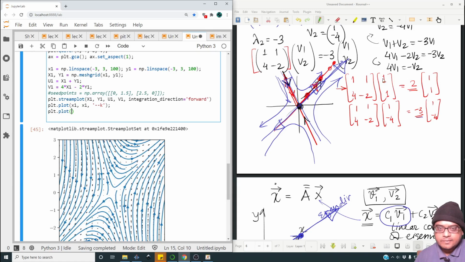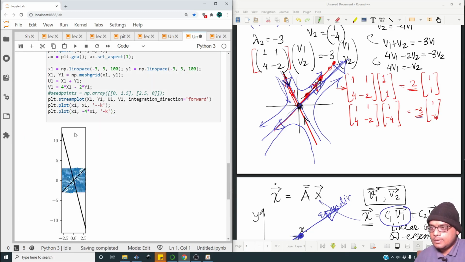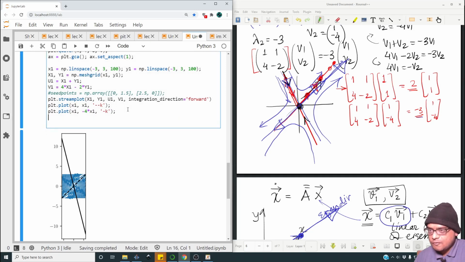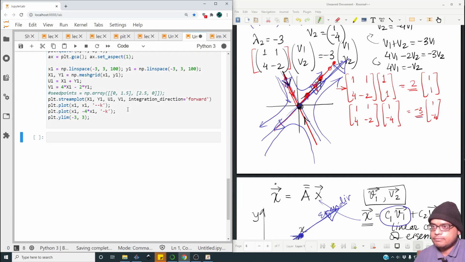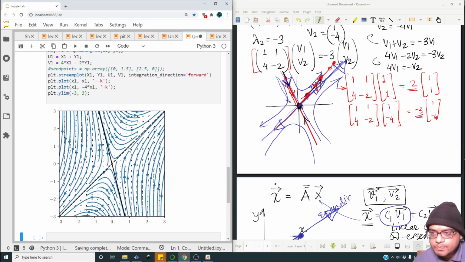And the other line, what is the direction? 1 comma minus 4, so it will be x1 comma minus 4 times x1, and let me put it as a solid line. Let us set the y limits, plt dot ylim, from minus 3 to 3. So the solid line is the attracting eigen direction, the broken line is the repelling eigen direction.